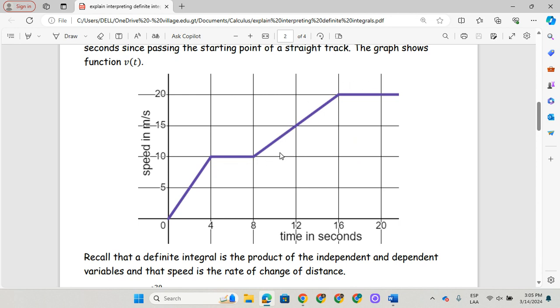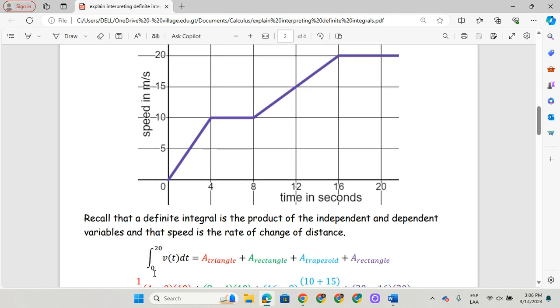In this case, speed and velocity are the same because speed is positive and we're in a straight track. So recall that the definite integral is the product of the independent variable, the horizontal, with the dependent variable, the vertical. And speed is the rate of change of distance.